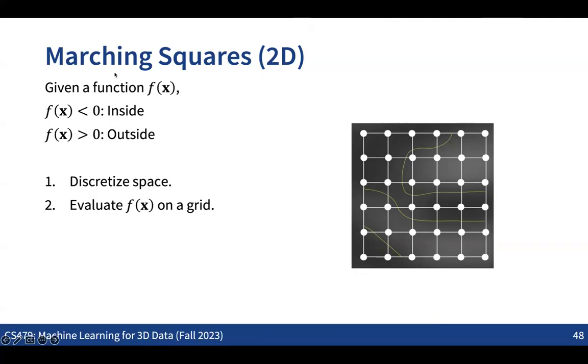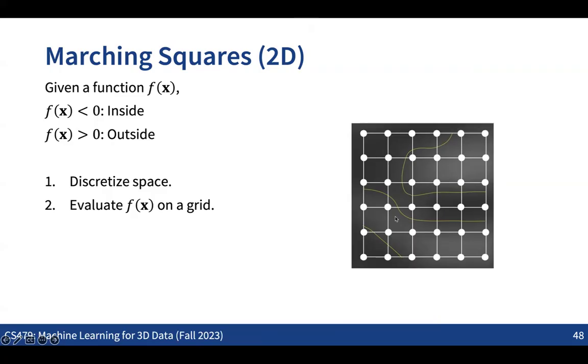If we briefly see the idea of marching squares, the basic idea is that we have an implicit function, which indicates whether each of the corner points is inside or outside of the 2D shape here, right? So what we are going to do is discretize the 2D space like this with the corner points.